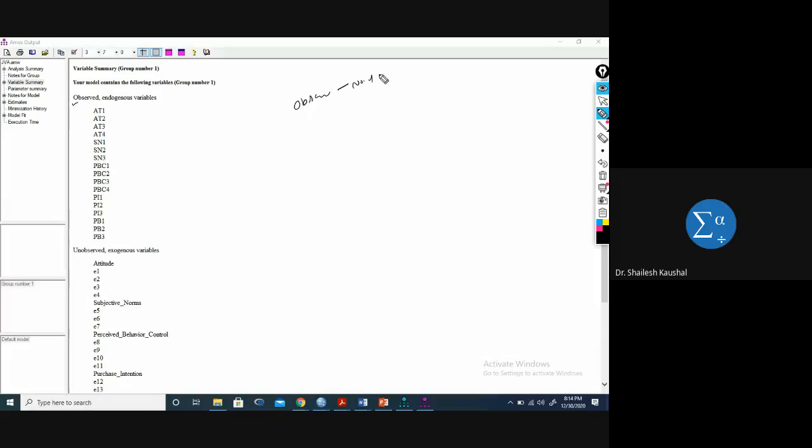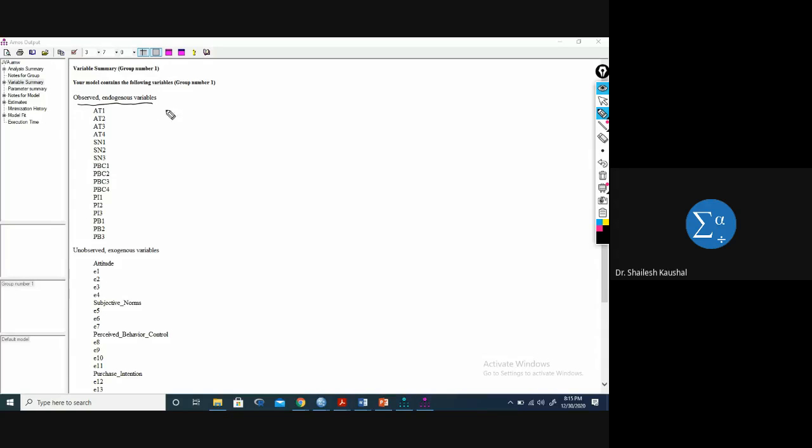We used 17 questions. And unobserved means the 5 constructs: attitude, subjective norms, perceived behavior control. These are the unobserved. Here these are the observed and endogenous.